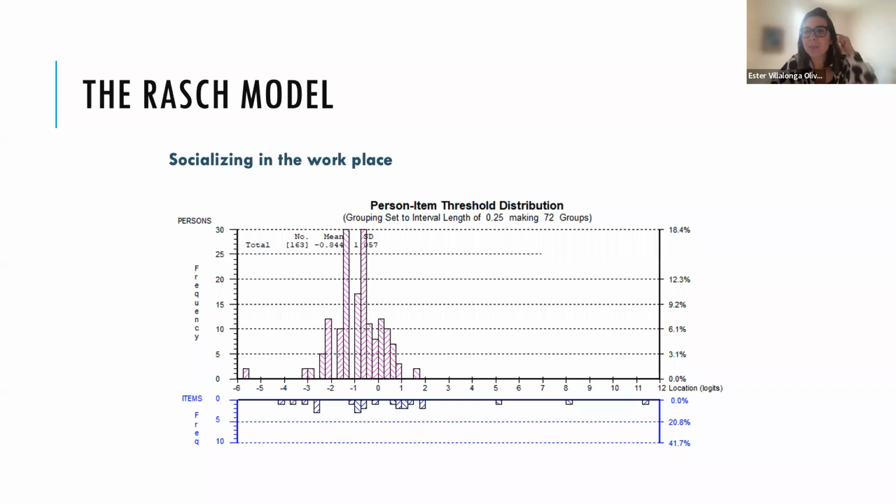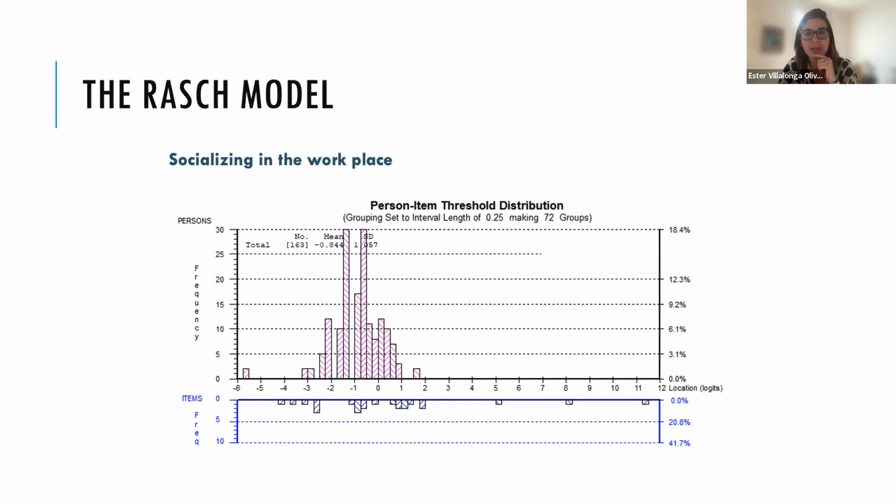So we examine the map of persons and items to compare the range and the position of the item measure distribution, which is the blue part of the figure. You see the blue part at the bottom, and the range and position of the person measure distribution, which is the red part of the figure, okay? So items should be located at each point of the scale to measure meaningful differences.